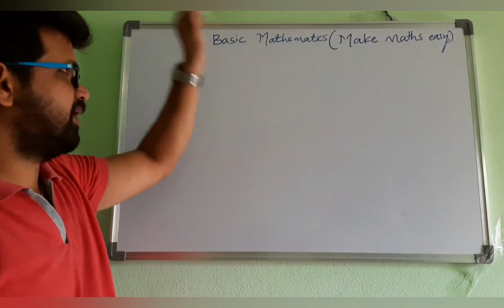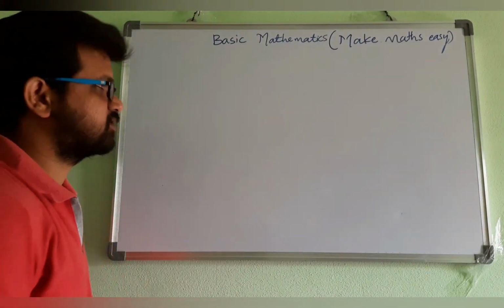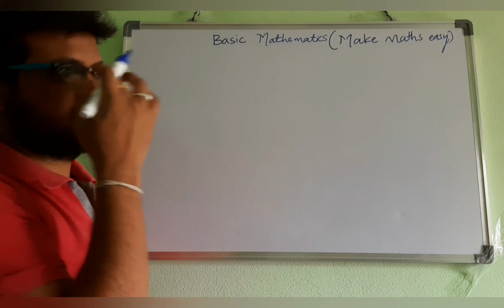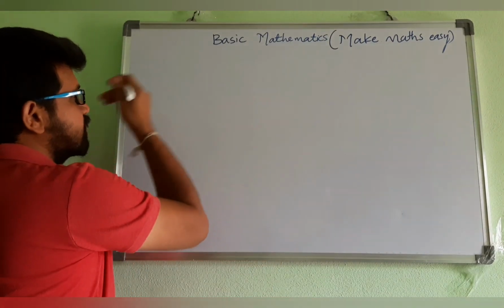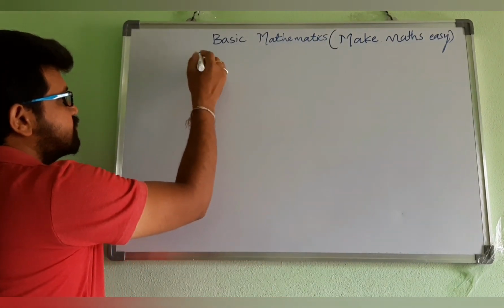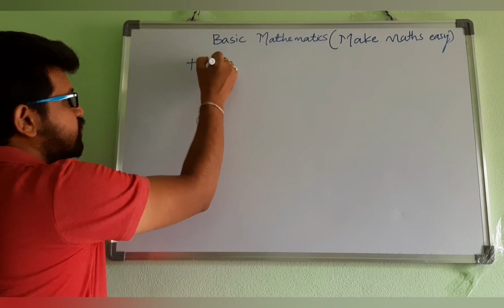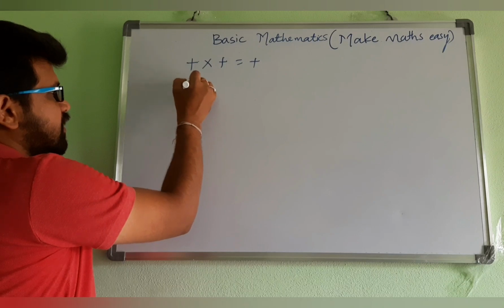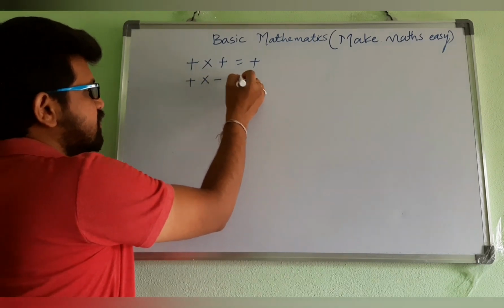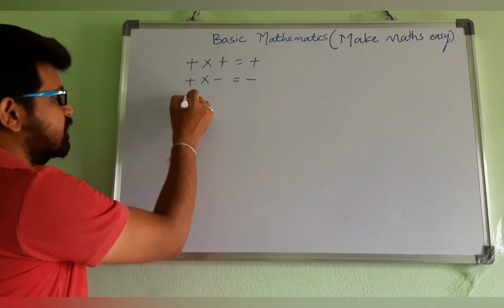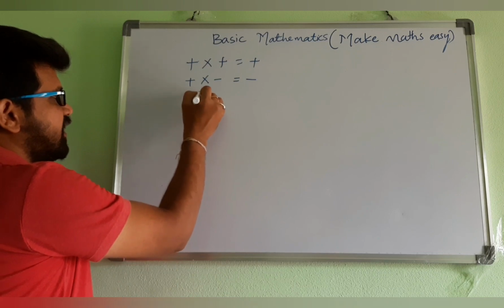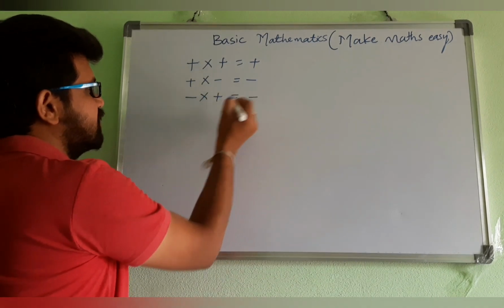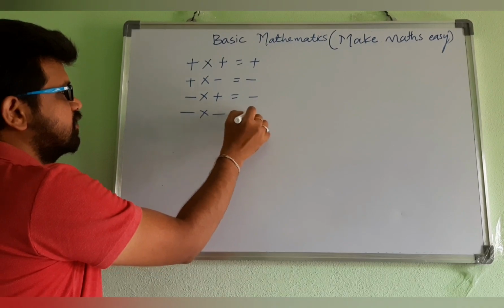Next, based on these mathematical operators, we solve some sums. Plus into plus, we know that plus. Plus into minus is minus, minus into plus is minus, minus into minus is plus.